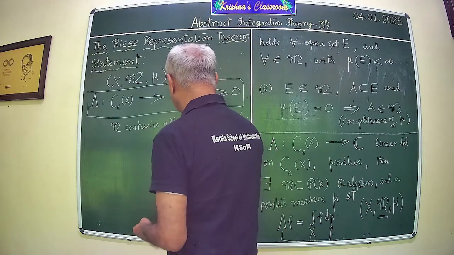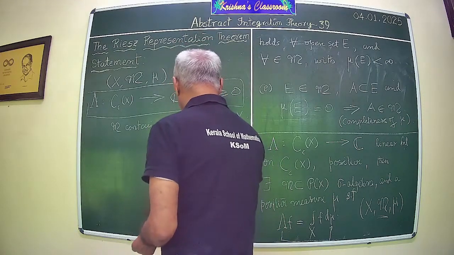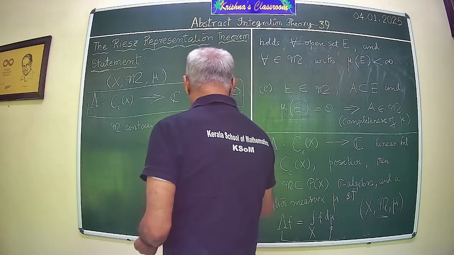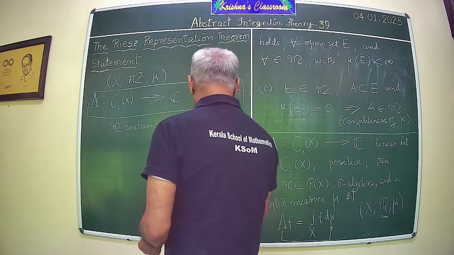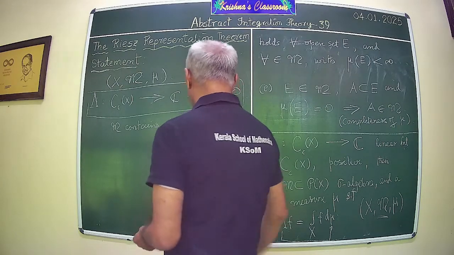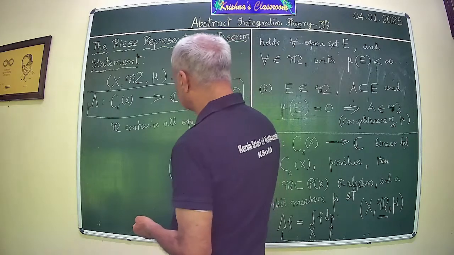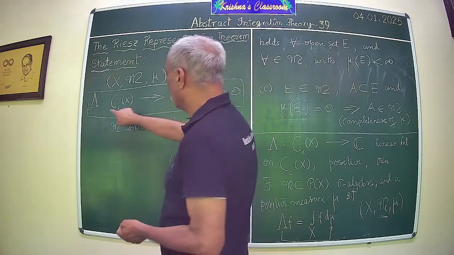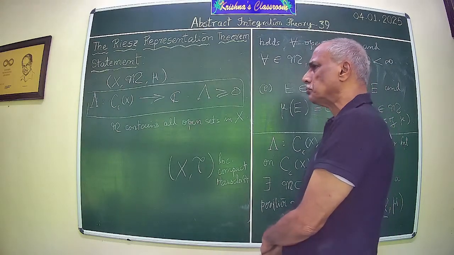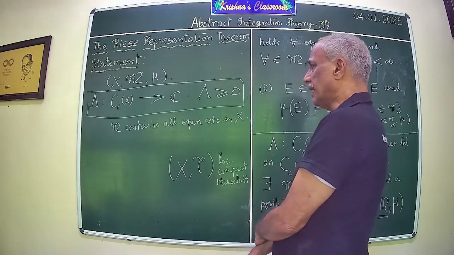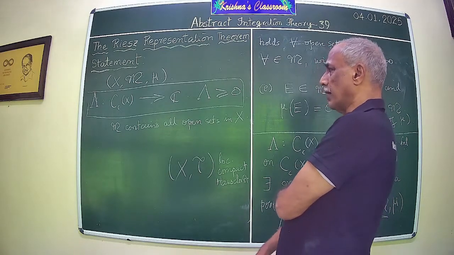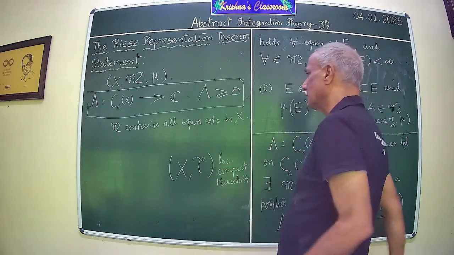One, a topology which is locally compact Hausdorff. Then that enables you to define a linear space on that. Okay, and then lambda is a linear map from Cc(X) to C.